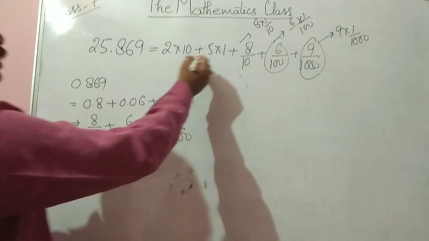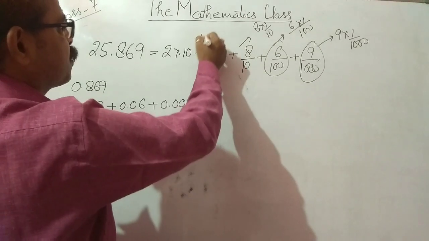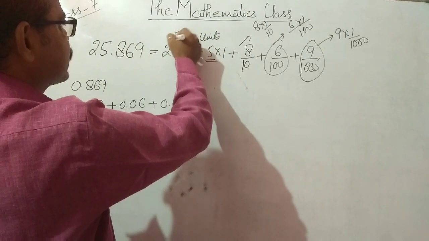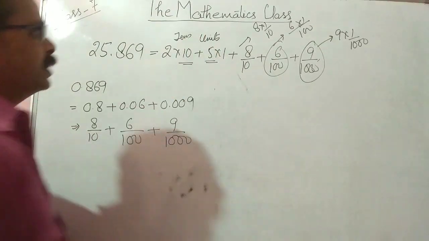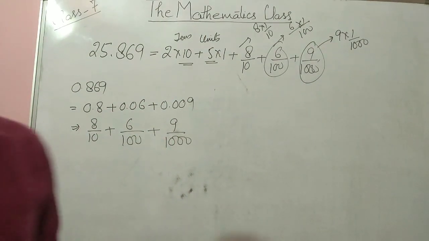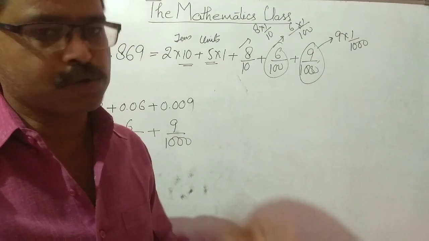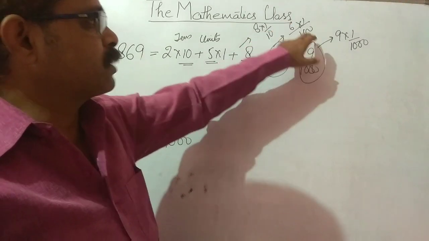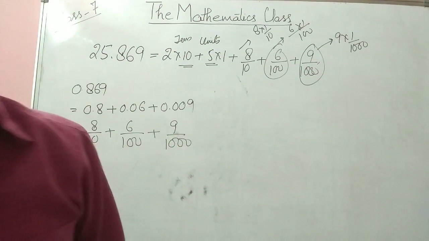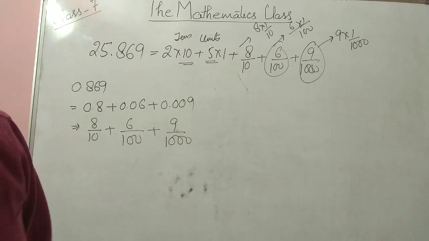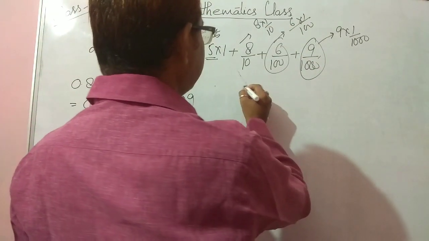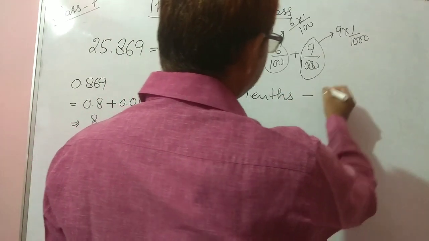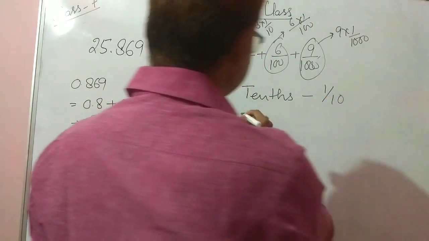You know that this 5 is known as units or ones, and this place is known as tens. You must be familiar with the place values: units, tens, hundreds, thousands, ten thousands and so on. Now how is 1 upon 10, 1 upon 100, 1 upon 1000 read? 1 upon 10 is said to be tenths. Tenths stand for 1 upon 10.